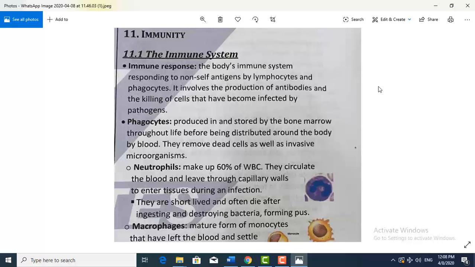Whenever there's a foreign body or anything that enters your body, your body will start reacting to it. When your body starts to react, you will have many sorts of reactions or responses going on.